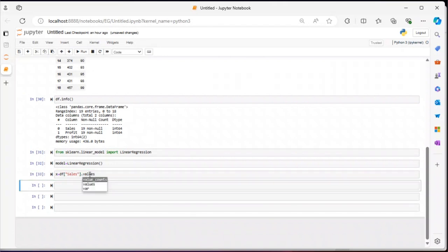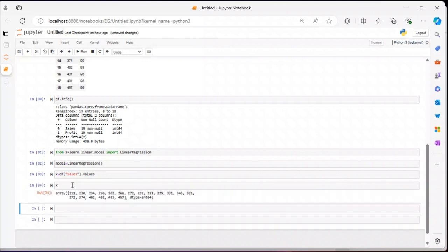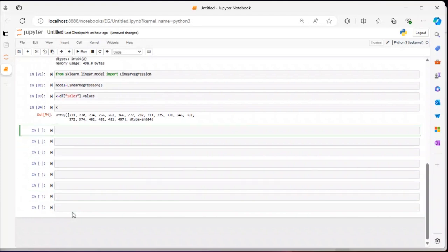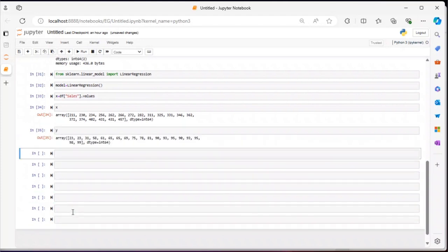Now how do the values look like this? I want it in a different format, because it should fit in the formula y equal to mx plus c, I want it transposed. y is looking nice only.